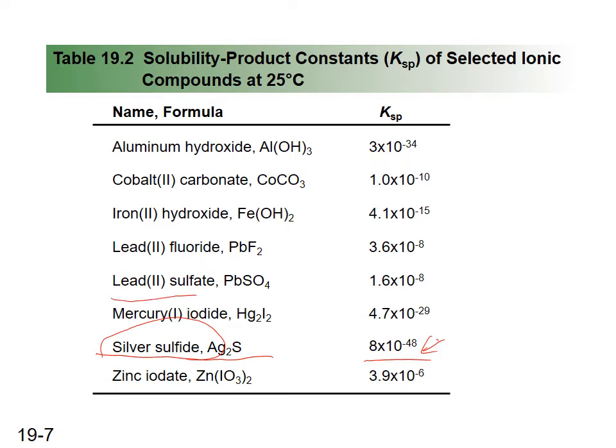Lead sulfate has a Ksp 1.6 × 10⁻⁸. So lead sulfate is much more soluble than silver sulfide. And zinc iodate, Ksp 3.9 × 10⁻⁶. So this is the highest solubility among all these solids.